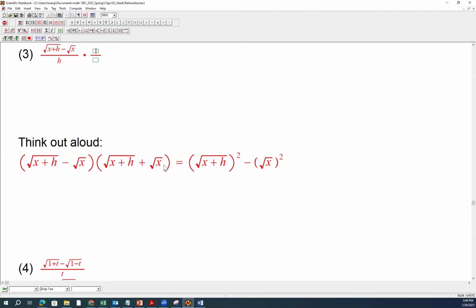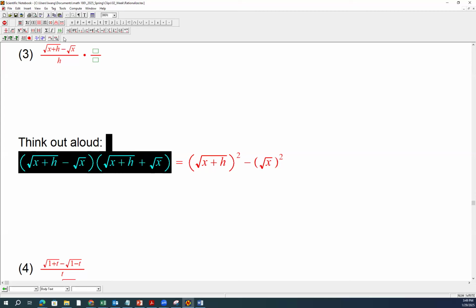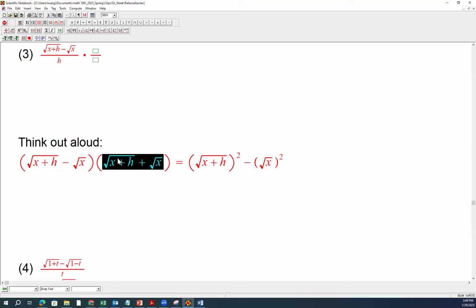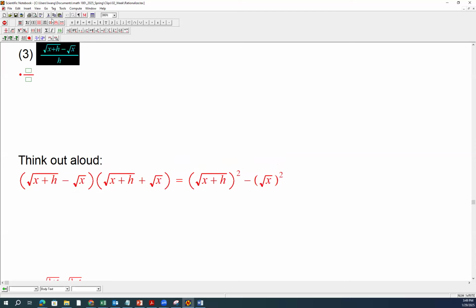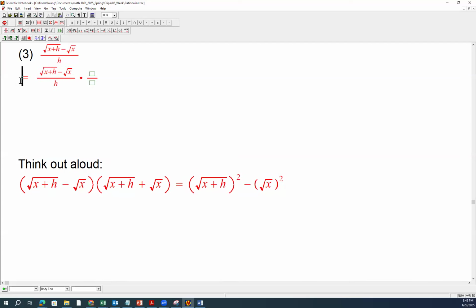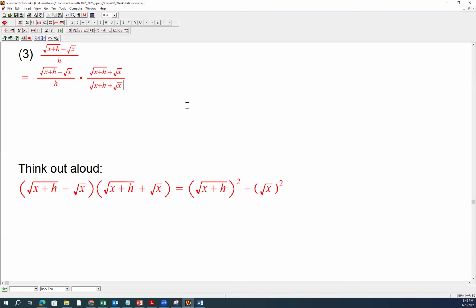Okay, so when we choose our quantity to make 1, I'm going to write it this way. I usually like to keep the original untouched. And so we're gonna multiply the conjugate of the numerator.